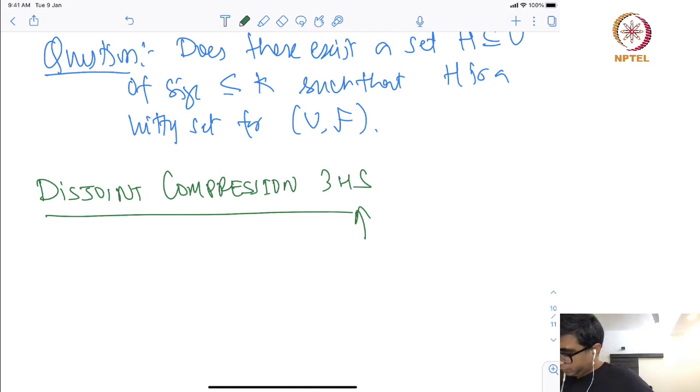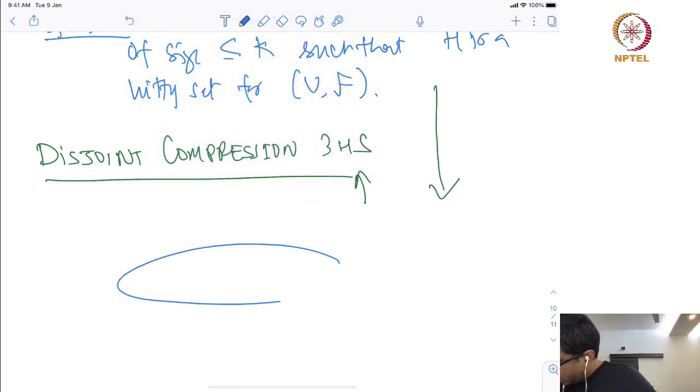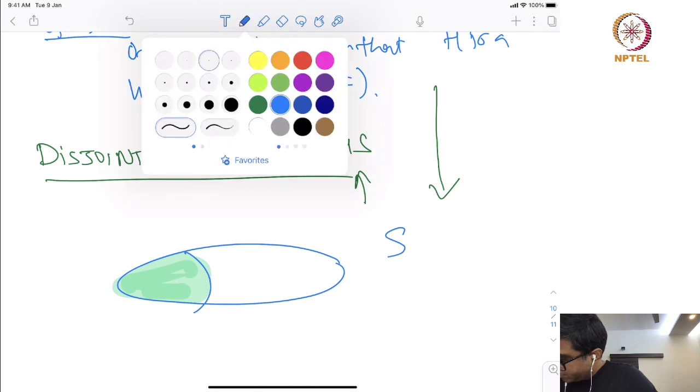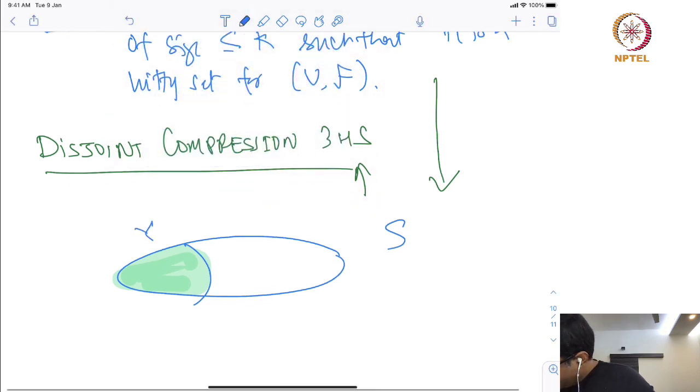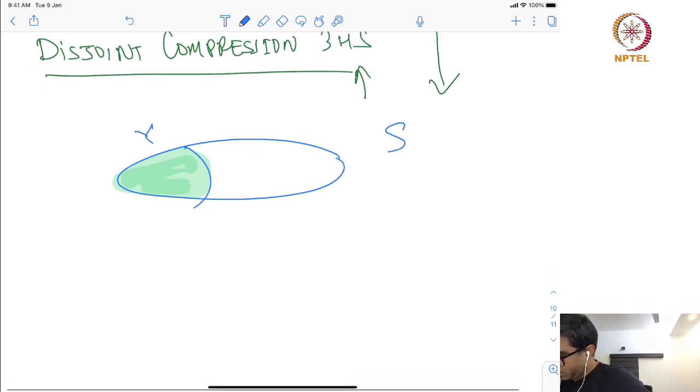To get there, what we used to do was say: you gave me an S, I guess a set Y, which is going into my solution.